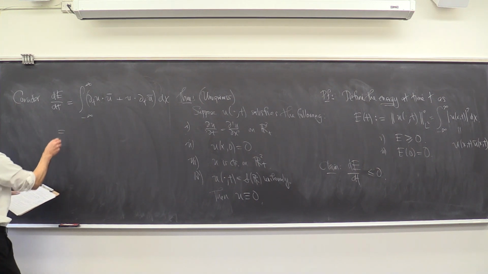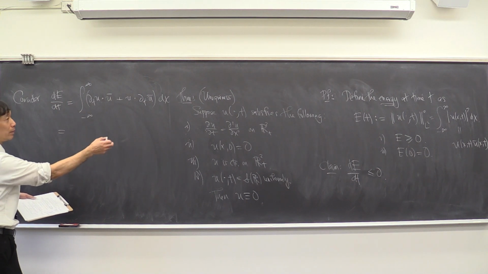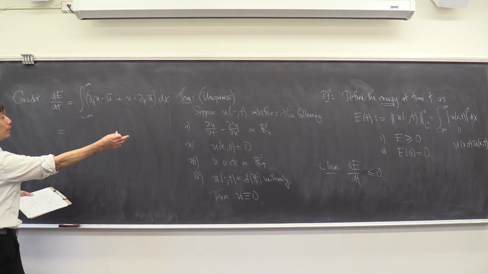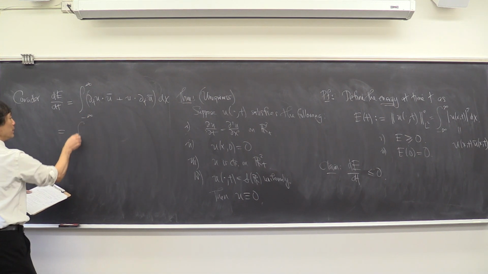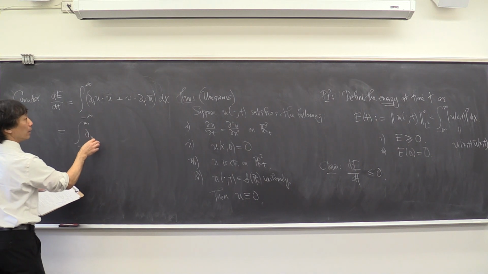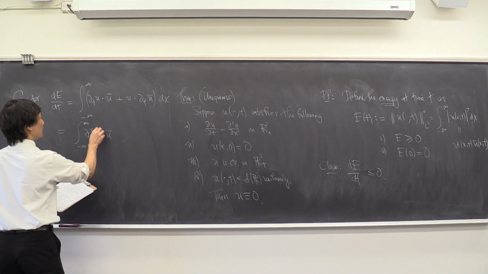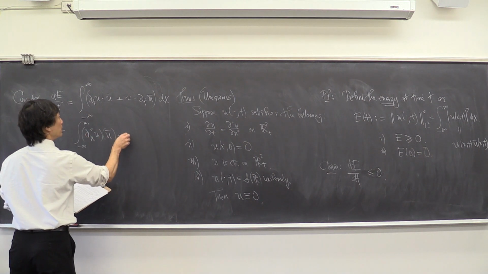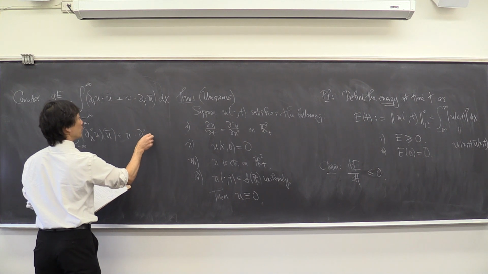Now we use the fact that u satisfies the heat equation. So this is going to be the integral of (dx squared u) times u bar plus u times dx squared u bar, dx.